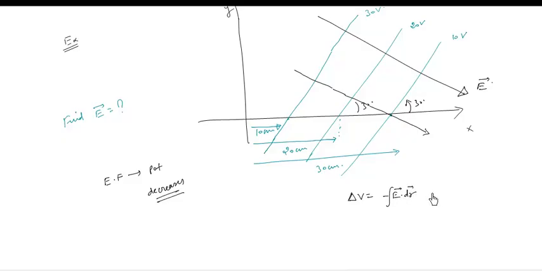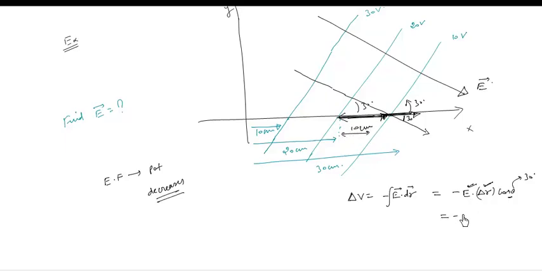So this E dot dr stands for E dot delta r cos theta. This theta is the angle between the delta r and electric field E. So electric field E is in this direction, and if I am taking this as delta r, then the angle between this delta r and electric field is simply 30 degree, and this delta r is 10 centimeter, obviously.